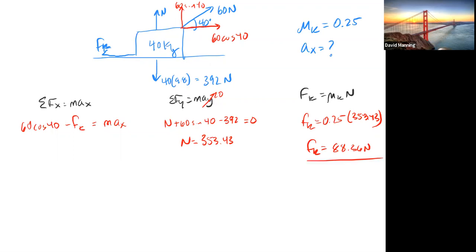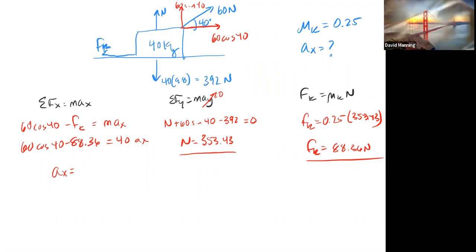I'm seeing a problem here. 60 cosine 40 minus 88.36 equals 40 ax. Well, ax equals negative 1.06.